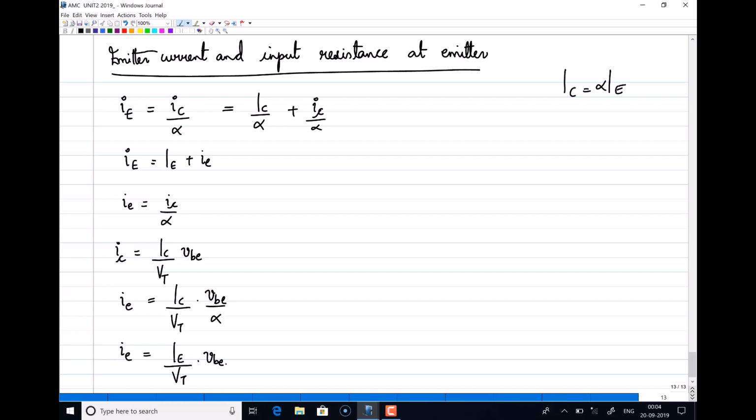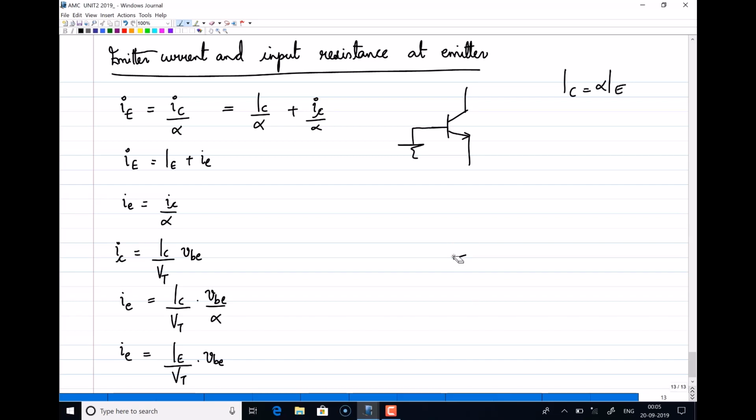Now what we are looking for here is the small signal resistance looking into the emitter. That means if I am looking into the emitter terminal, the base should be common.